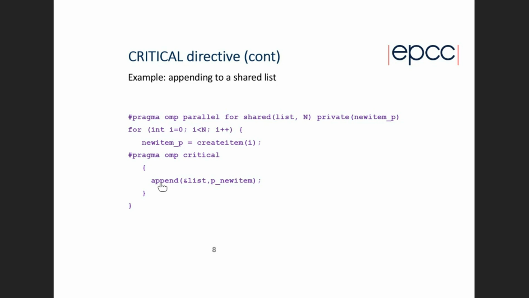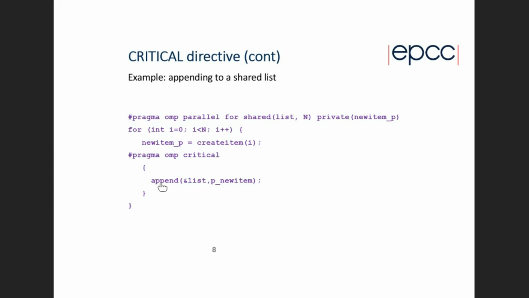So critical doesn't do any ordering, okay? So we have no idea which order the threads will execute it, just that it happens one at a time. Okay, so in the exact case of a loop, how is this better than one thread doing the loop?